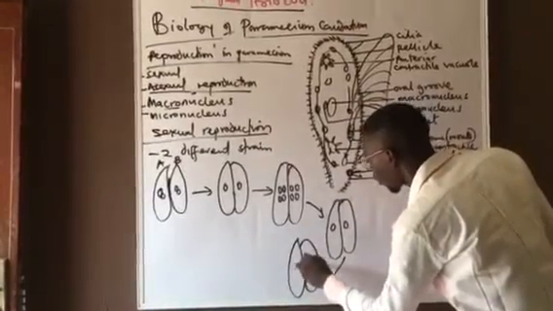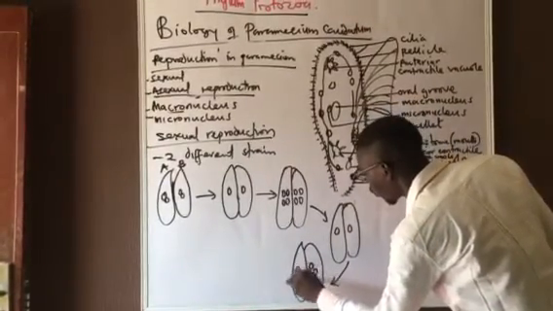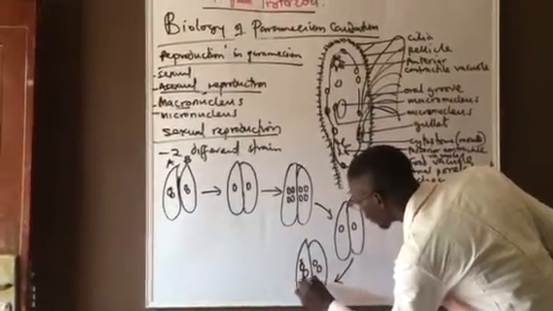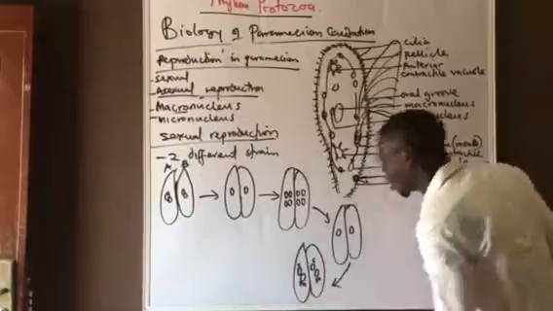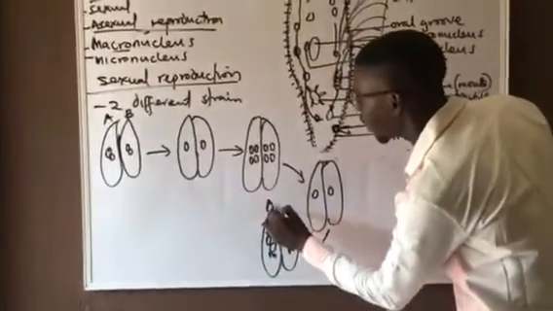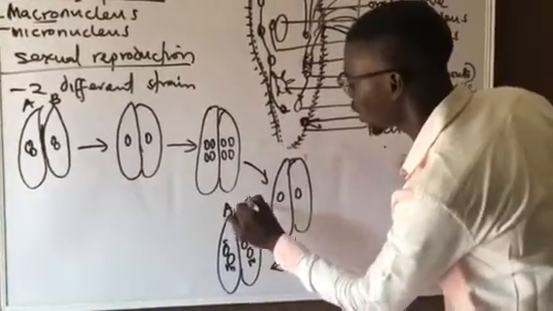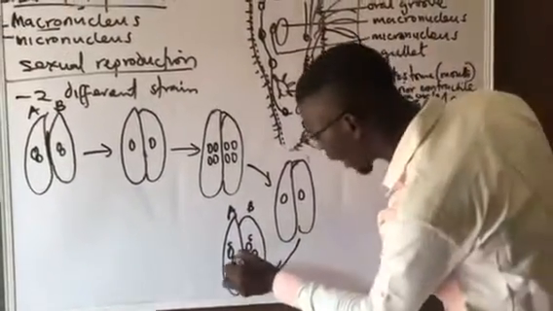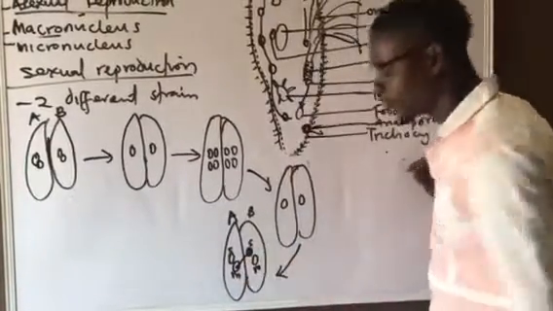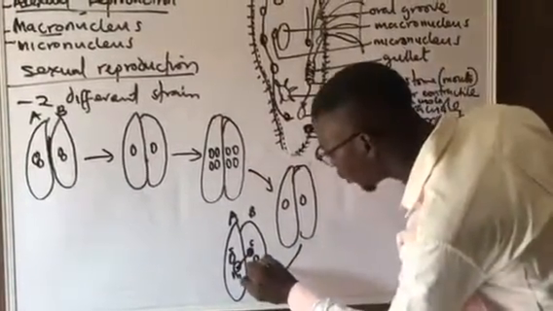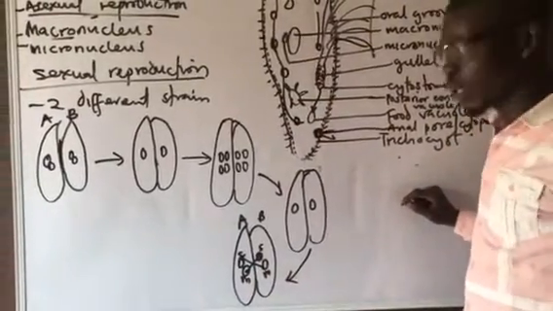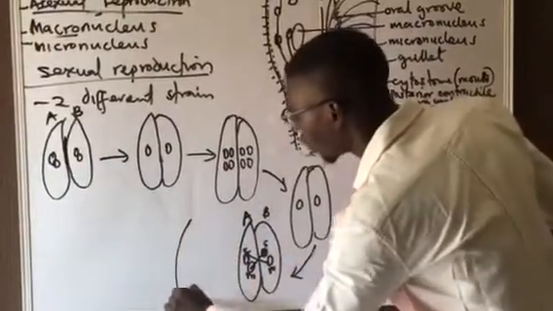What happens next is that the migratory nucleus of Paramecium A will move to fuse with the stationary nucleus of Paramecium B, while the migratory nucleus of Paramecium B will move to fuse with the stationary nucleus of Paramecium A, and this will result in the production of a zygote.